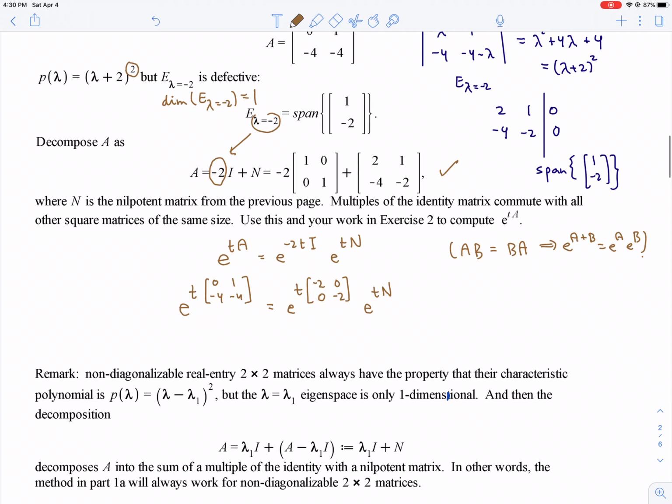And we know that for diagonal matrices, e to the t times the diagonal matrix is just the matrix of exponentials of the diagonal entries.